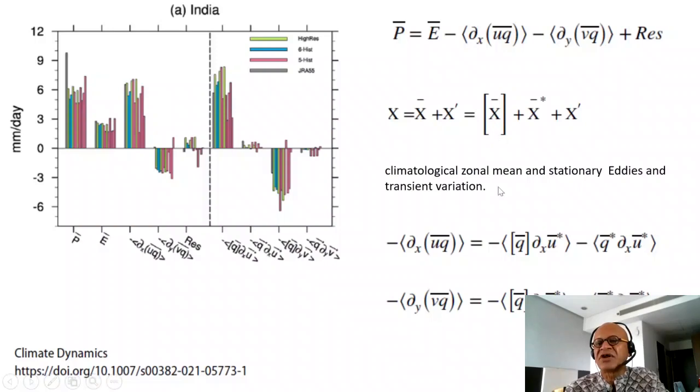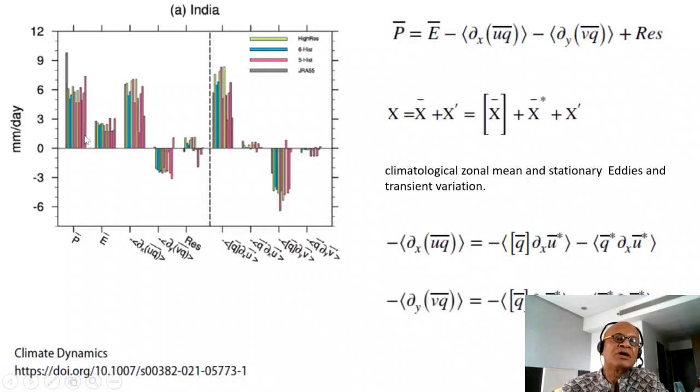So then there is a transient variation, x prime, which gives you moisture transport terms split this way, and different models, with some high resolution forced atmospheric model experiments, are compared here with historical runs and data.